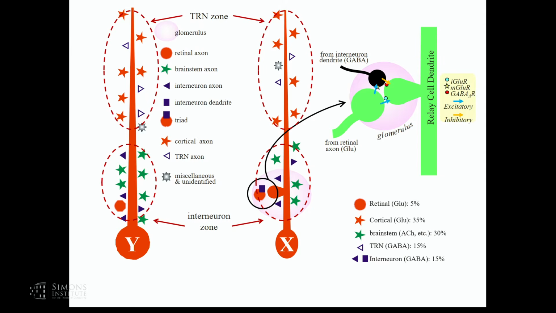And furthermore, for inhibitory inputs, the TRN inputs are distal, the interneuron inputs are proximal, and they don't overlap. This is saying that the specificity for these contacts applies not just cell to cell, but to what area of dendrites is innervated. And the significance of this isn't entirely clear, but it is a very dramatic observation of the way these circuits are organized.